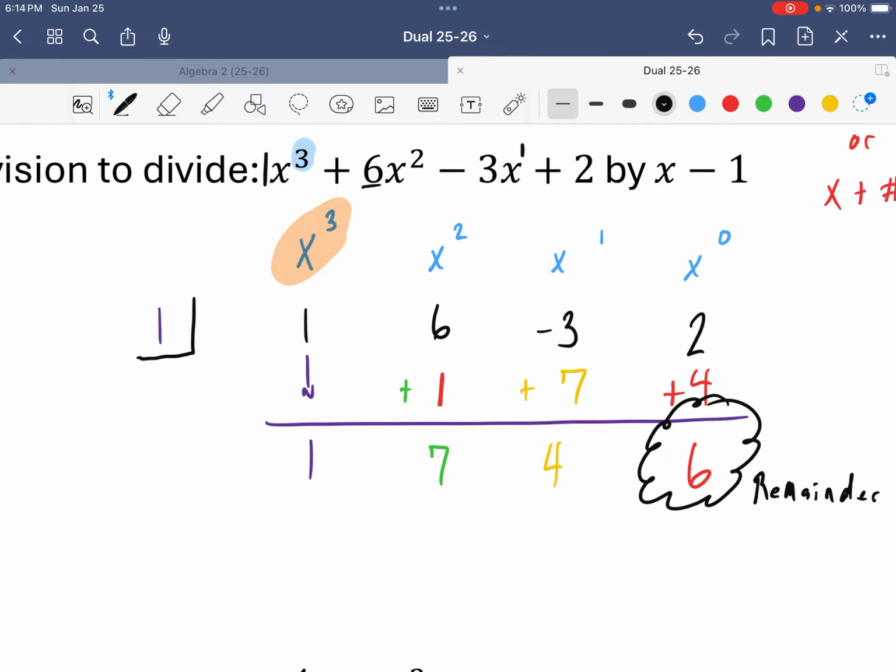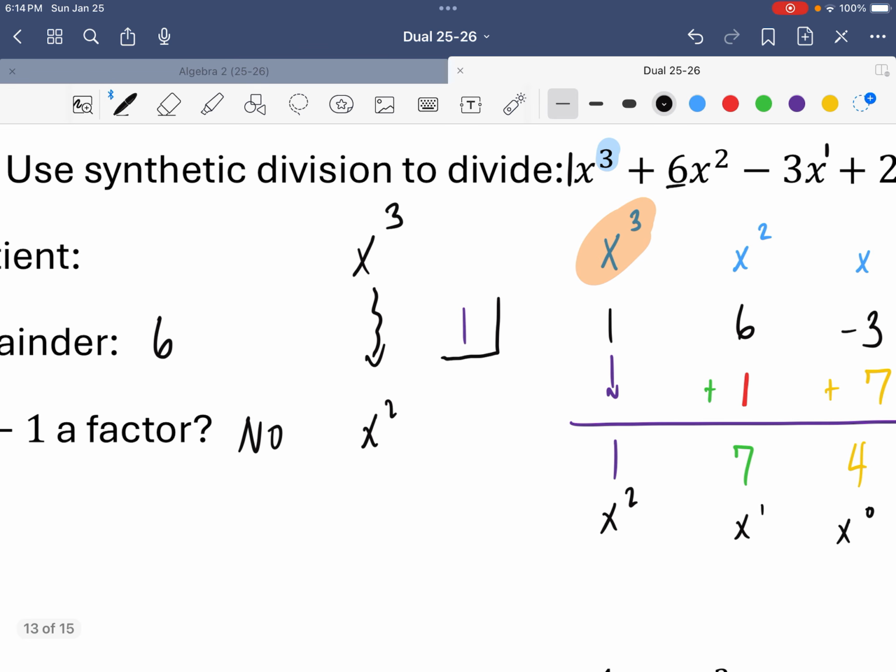When you do synthetic division, what synthetic division does is going to bring it down a power. So again, it was x3. After all of that work, it's going to go down 1. So from x3, it's going to go down to x2. Okay? So then this is going to be x2. That's going to be x1. And that's going to be x0 now. Okay?